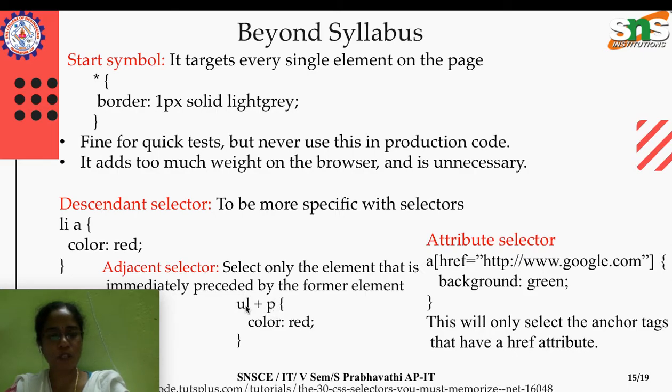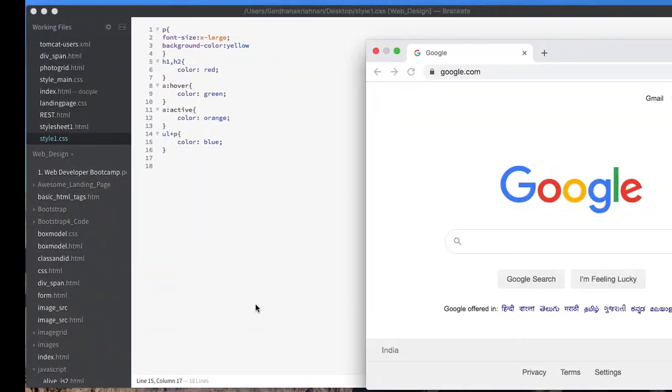In a web page I will have a number of ul elements, paragraphs, many things. This style will be applied only to the paragraph that is immediately preceded by the unordered list. Let me take the same example.